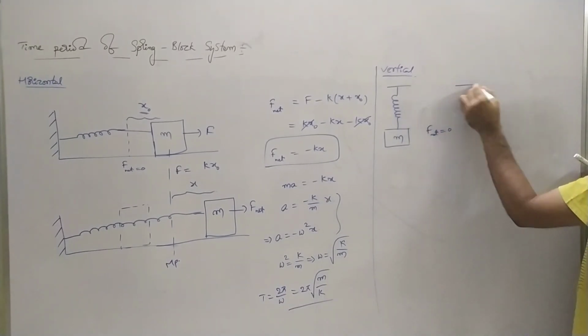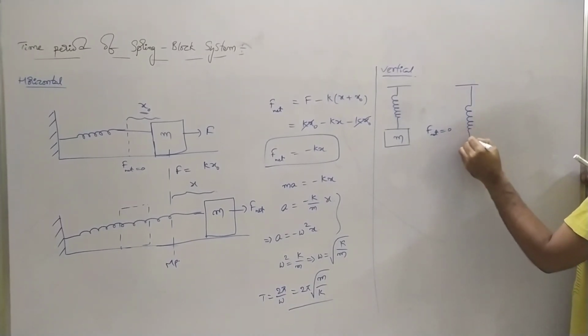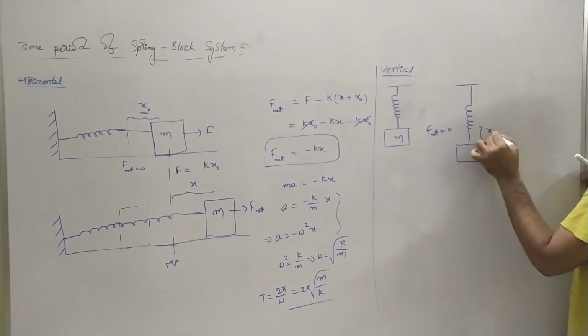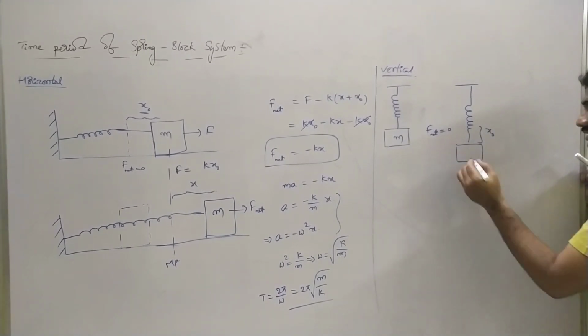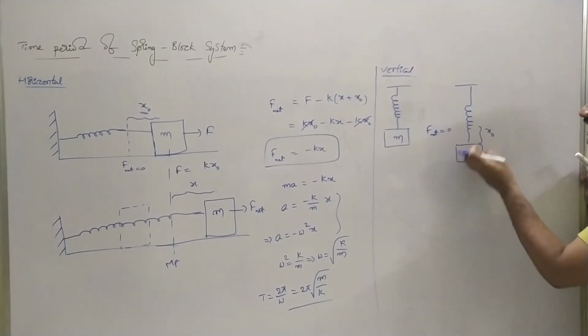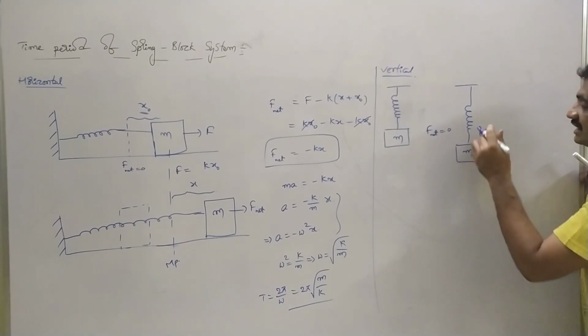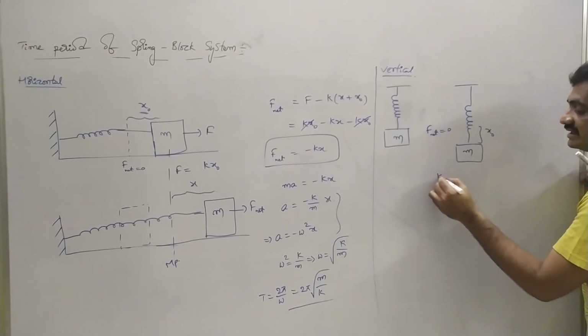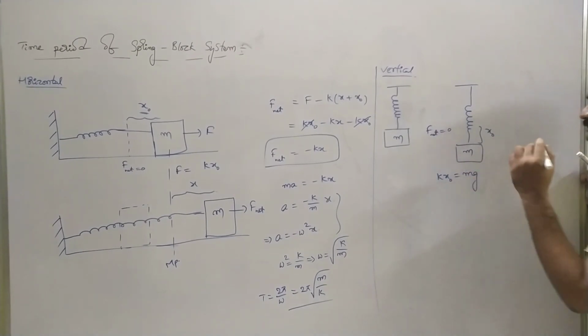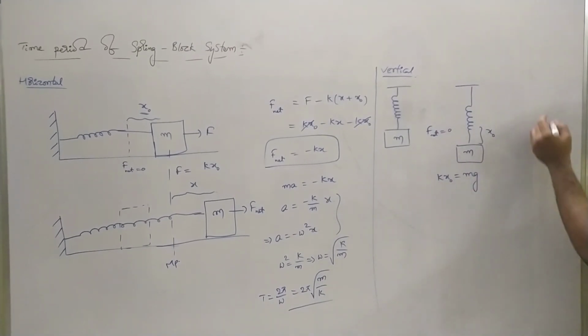Here the spring is displaced in the downward direction, and it is represented as x naught. Due to the weight of this mass, the spring is displaced. Based on that, we can represent that kx naught is equals to mg.